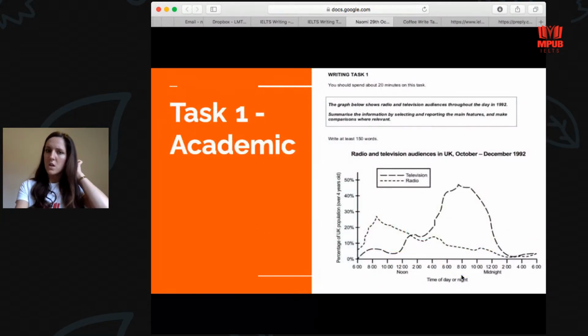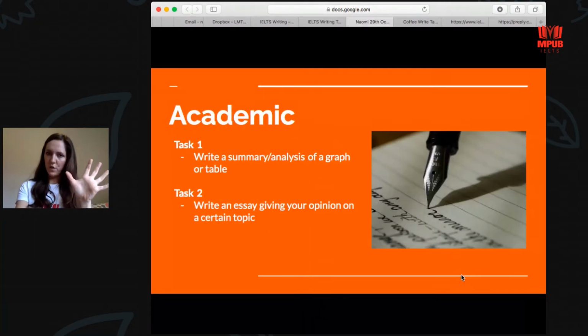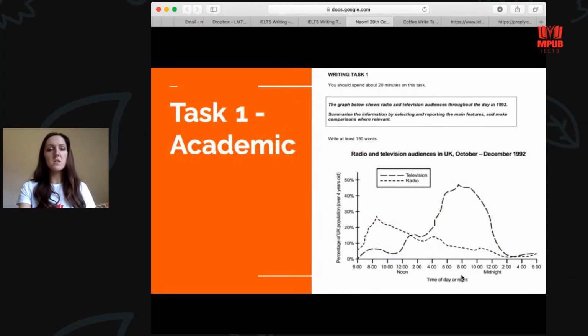Okay, so this is our overview, right? The first task is we're writing a summary or analysis of a graph or table. So this is an example of something you might be given.